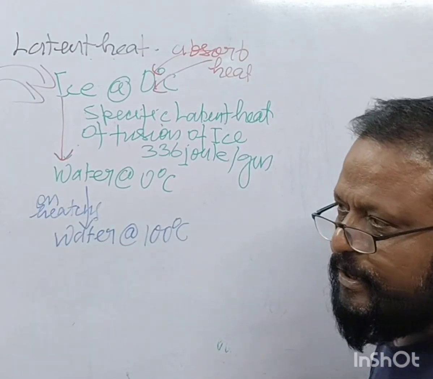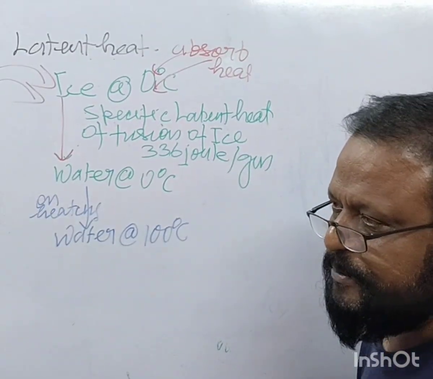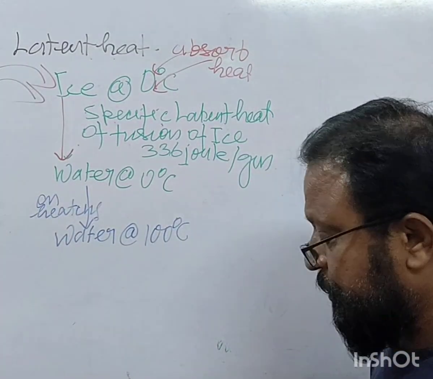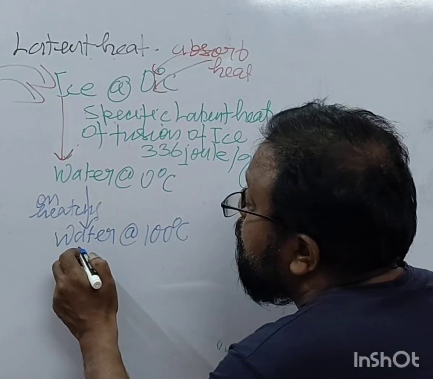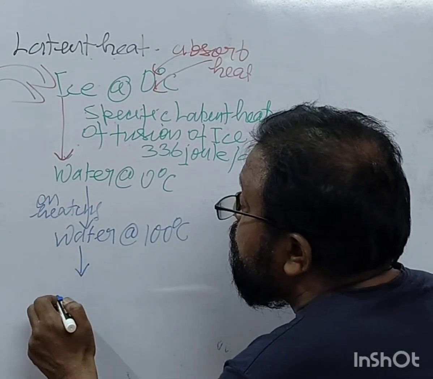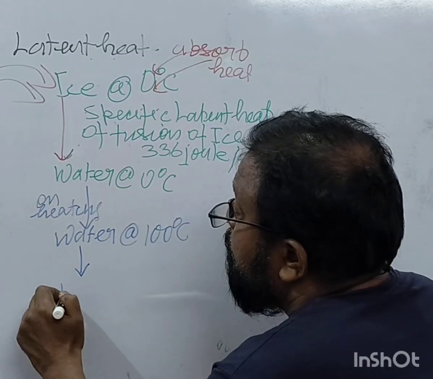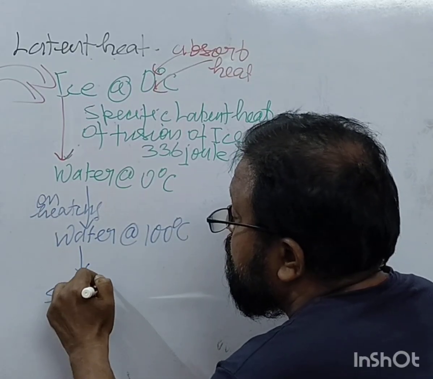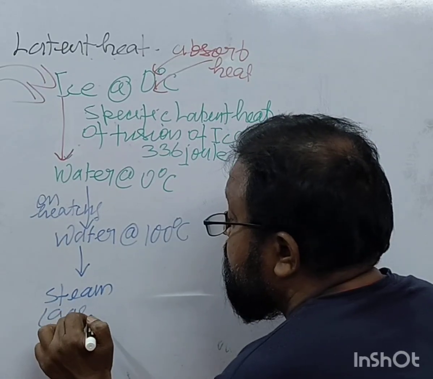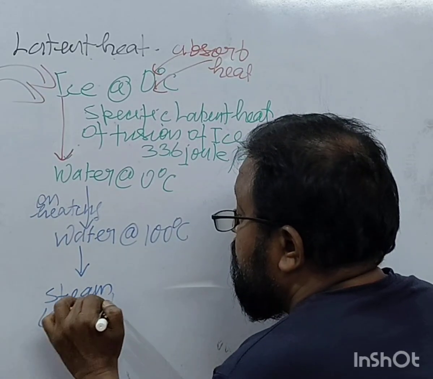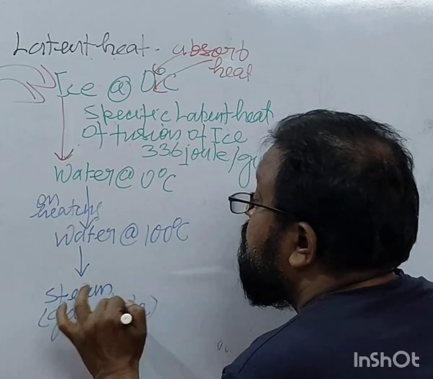It reaches 100 degrees. When it reaches 100 degrees, then it becomes stable. Whatever amount of energy you are giving is totally utilized by water to convert into steam, that is the gas state, right?